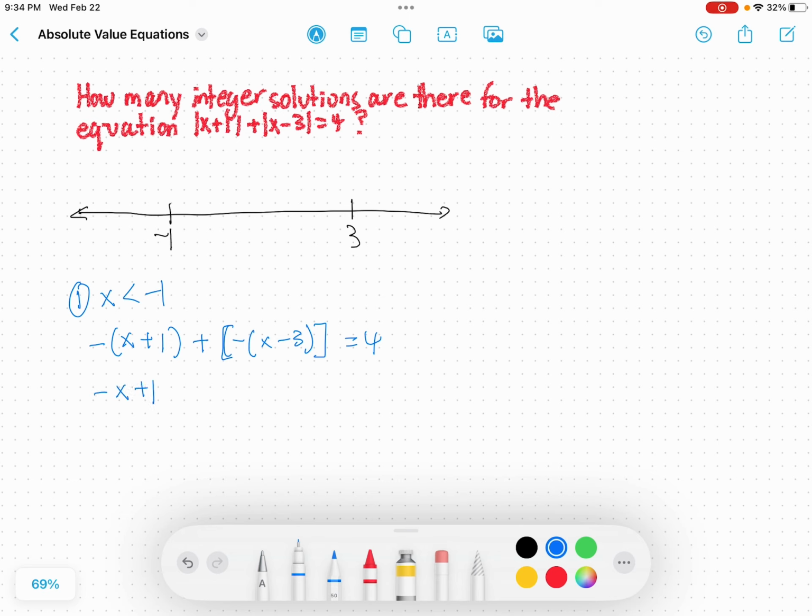Negative x plus 1, minus x plus 3 equals 4. You solve this equation to get that x is going to be equal to negative 1.